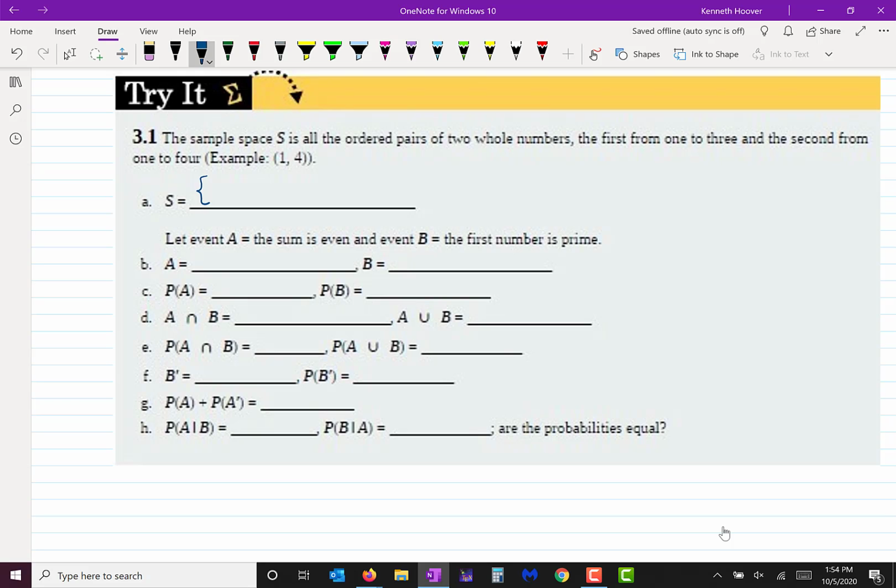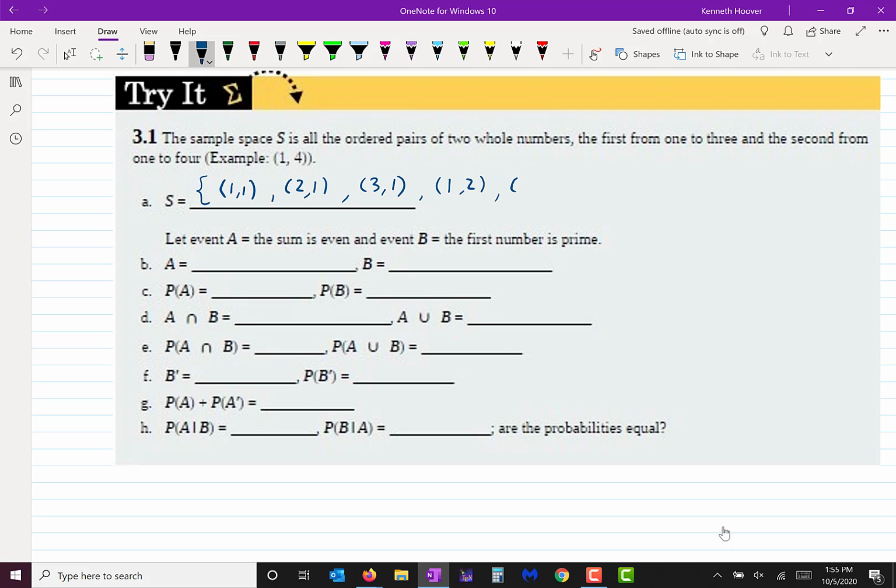Okay. Now we have in here ordered pairs where the first number goes from 1 to 3 and the second number goes from 1 to 4. So that would have (1, 1) and (2, 1) and (3, 1) and, oh, sorry, I already wrote that. I really meant to say (1, 2).